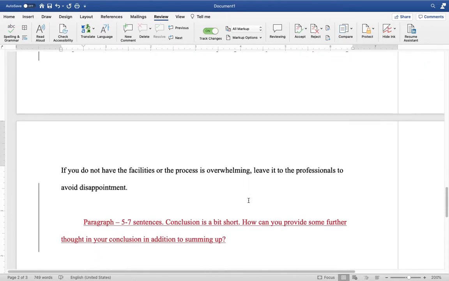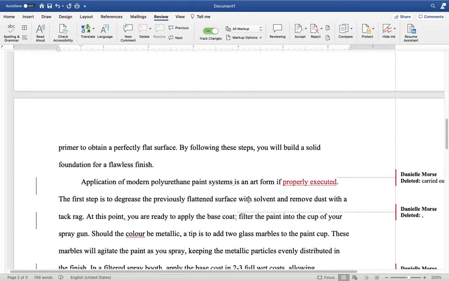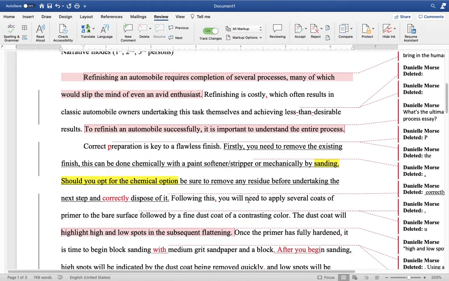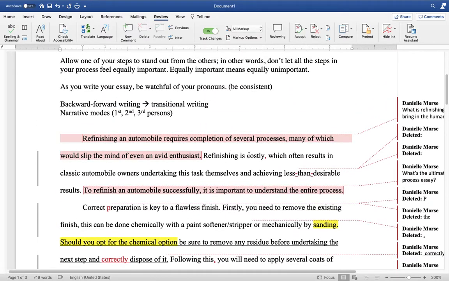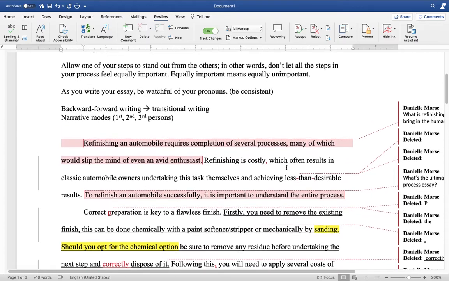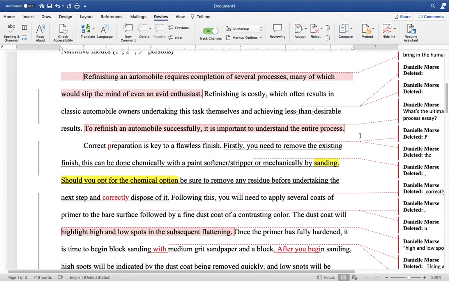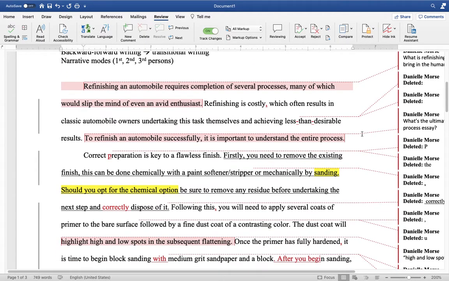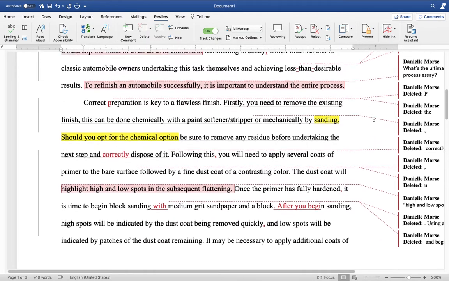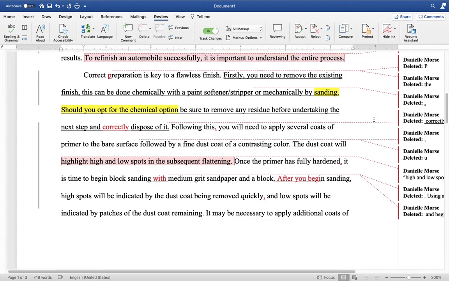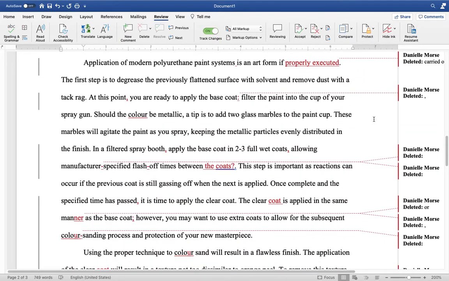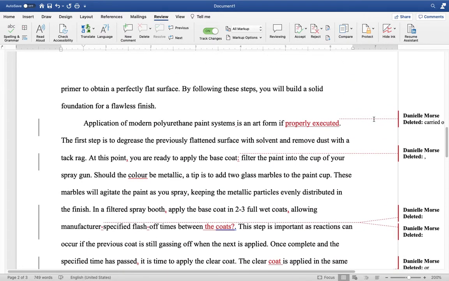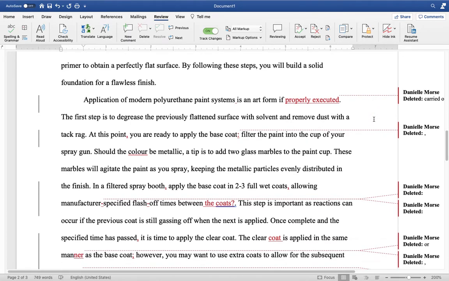I also know this is a short essay, so my major notes are: the introduction needs some work and some specificity. Content-wise, the body paragraphs are good because there's a good topic sentence, and the content of the paragraphs stays within what the topic sentence says the paragraph is going to be about.